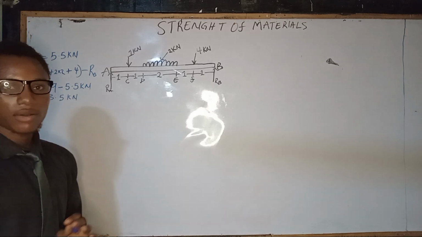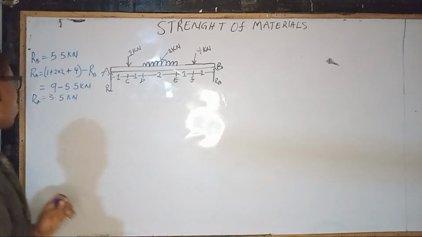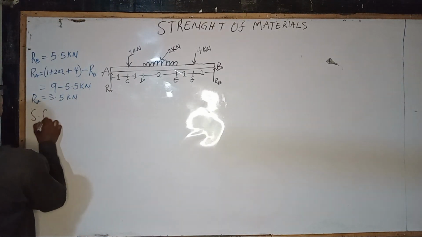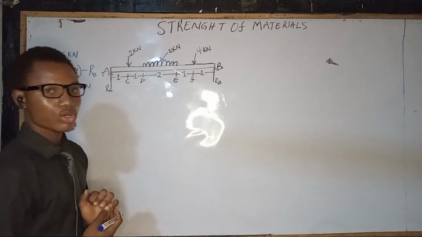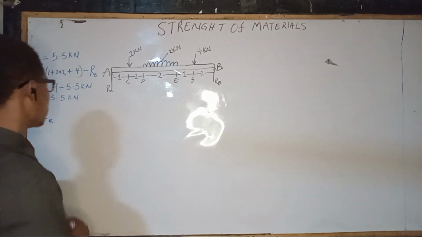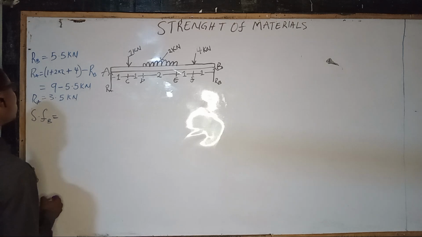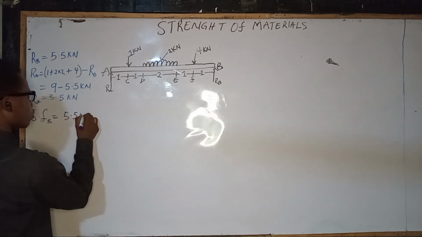Since we have our reactions, we can solve for our shearing force. Our shearing force at point B would be equal to the reaction, because we do not have an external force and this is not an overhanging beam. So our shearing force at B is 5.5 kilonewton.